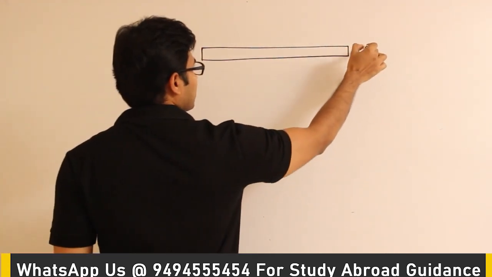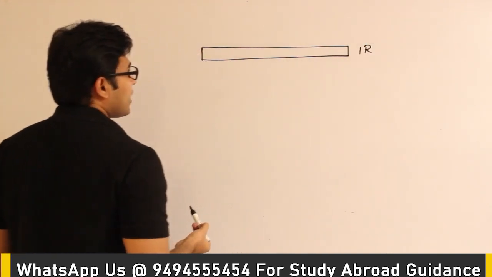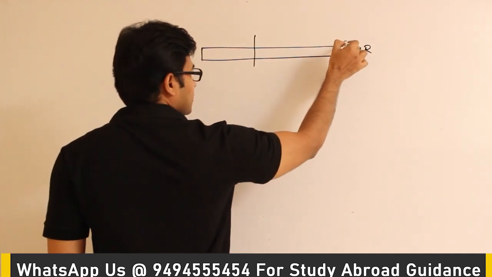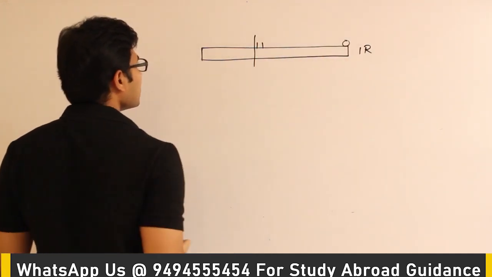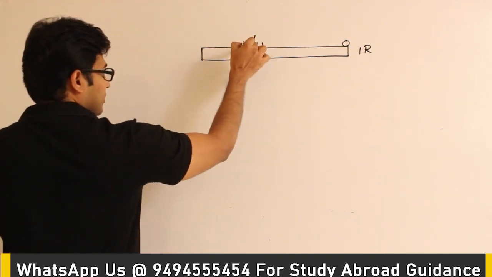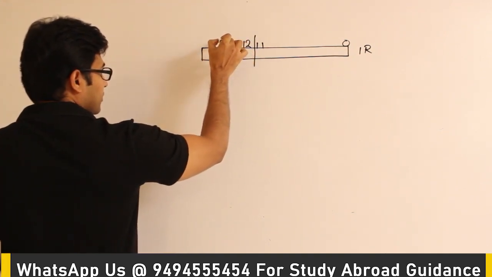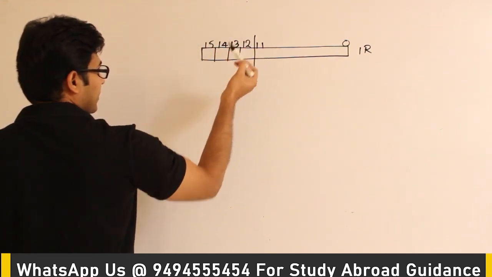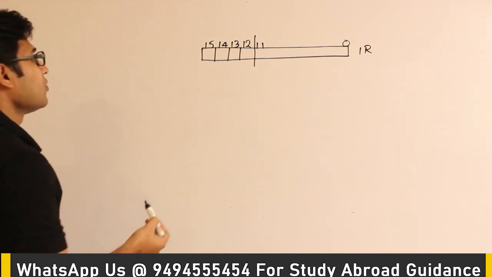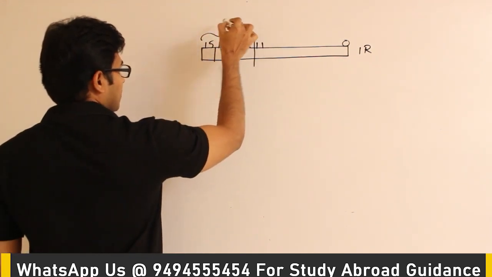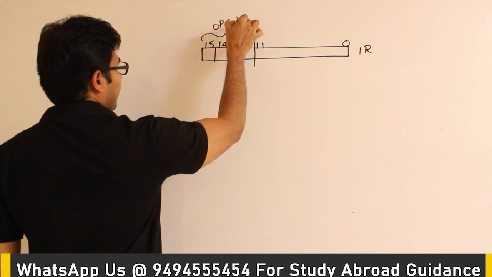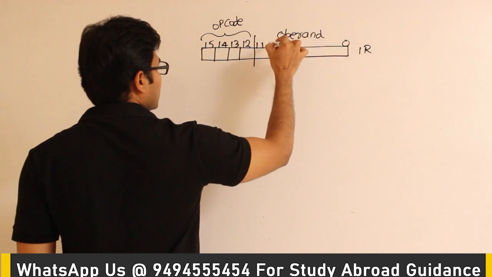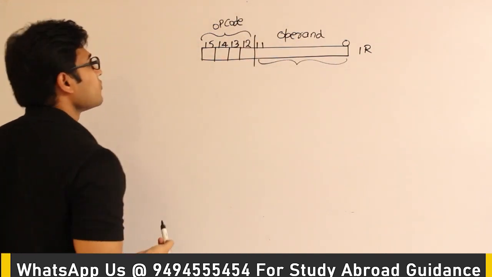Assume that this is the instruction register, and we know that a part of it is operand, bits 0 to 11, which means these 12 bits are going to contain the operand, and then bits 12, 13, 14, 15, these 4 bits, are going to give us the opcode. This is the operand field and this is the opcode field.